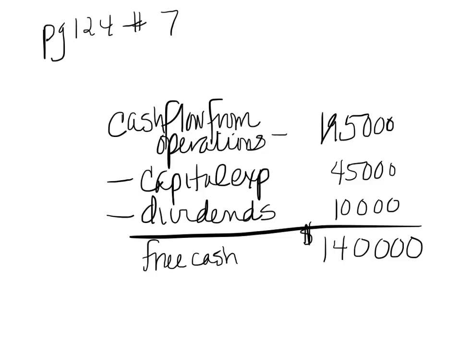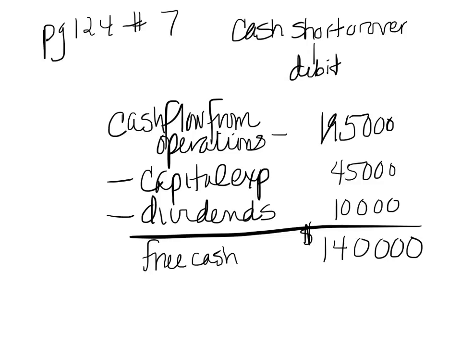Now you're going to take this newfound knowledge from modules 1, 2, and 3 and attack your Cengage homework assignment, which you will find on Cengage. A couple of things that students typically ask questions about: one, if you need to use cash short or over, remember that short is your debit, over is your credit.